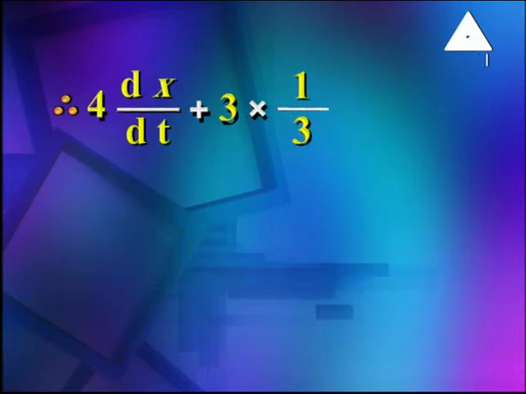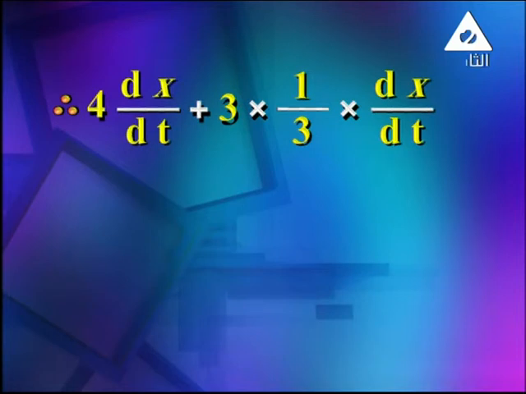My dear student, we know that by substitution, 4 dx over dt plus 3 times 3 dx over dt equals 5 times 1. We know that the value of x is 4, the value of y is 3 and the value of z is 5.